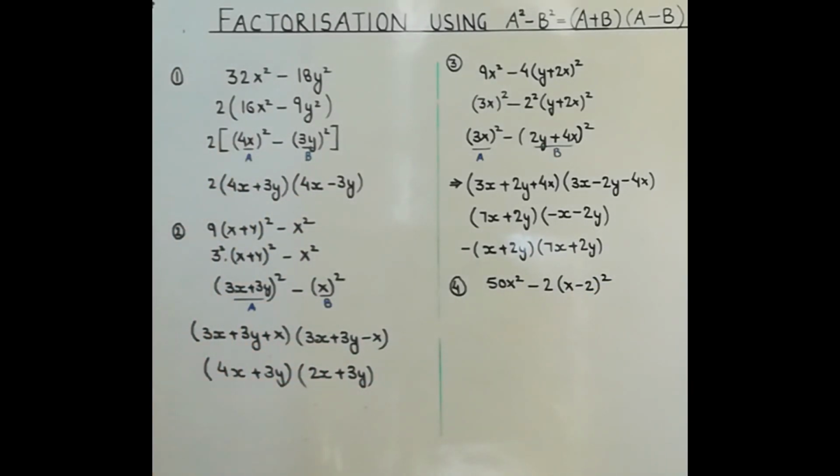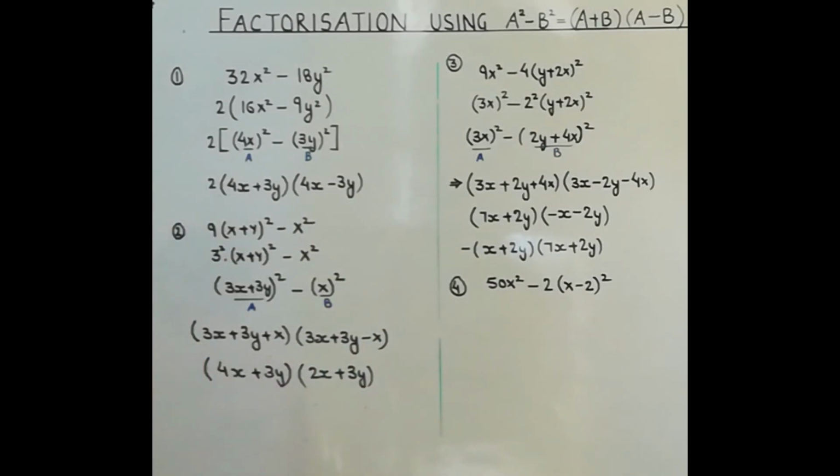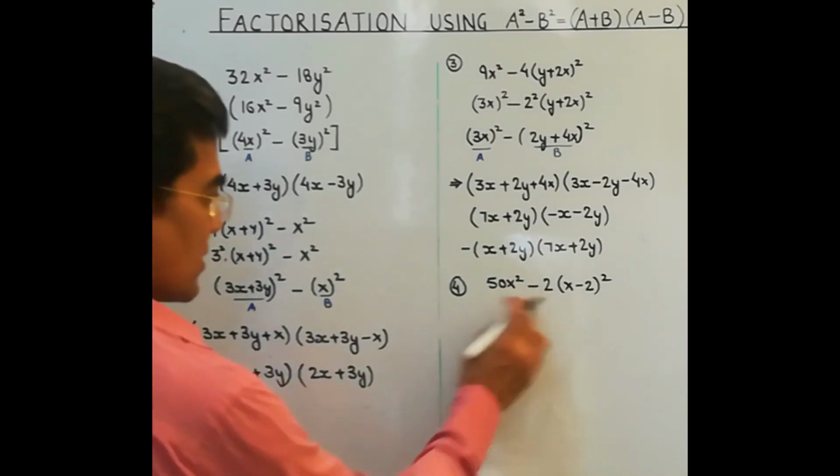Now here, as in the first question, a basic step is to see whether we can take anything common. Because in factorization, your first step or the basic step is to take common. So here in question number 4, you can see you can take 2 common. So let's take 2 common.